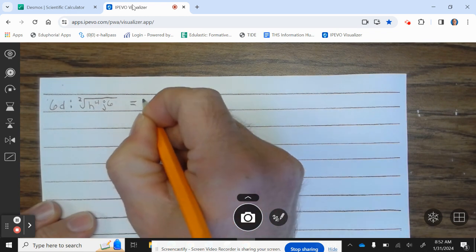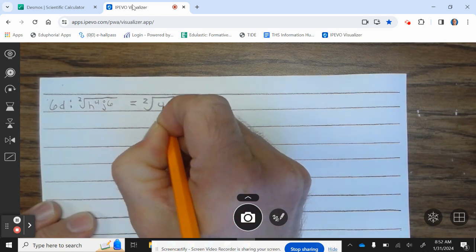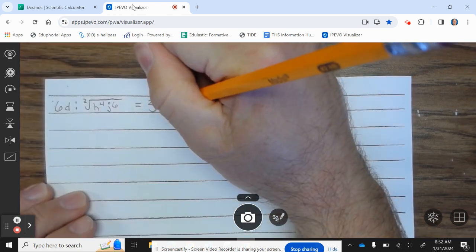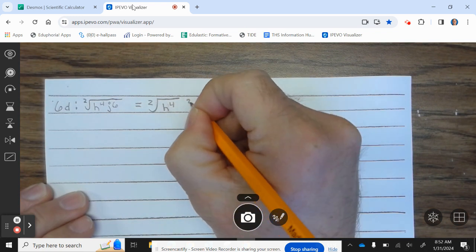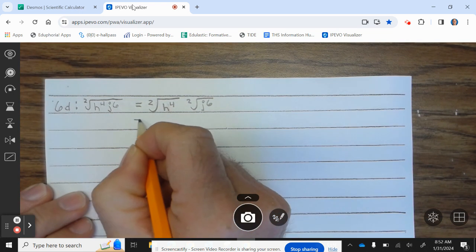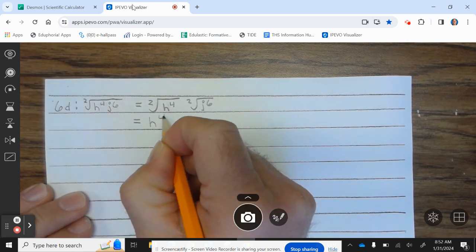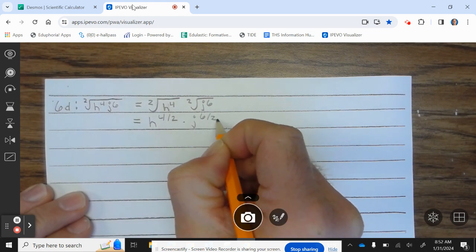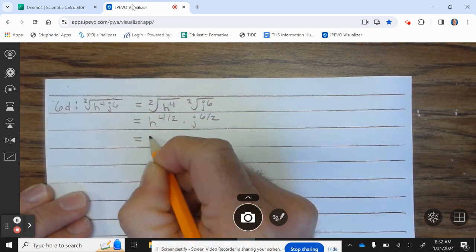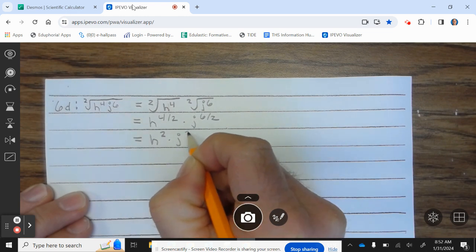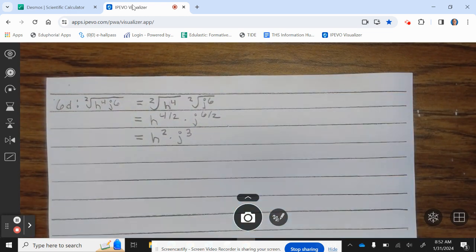So this can be rewritten as the second root of h to the 4th times the second root of j to the 6th, which can be rewritten as h to the 4th divided by 2 times j to the 6th divided by 2, which simplifies to be h squared times j to the 3rd power. All right, go ahead and finish up 6d.